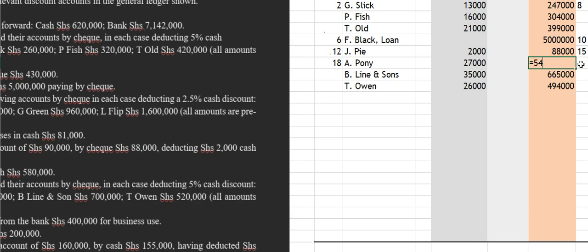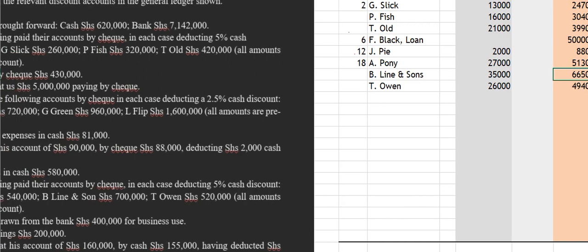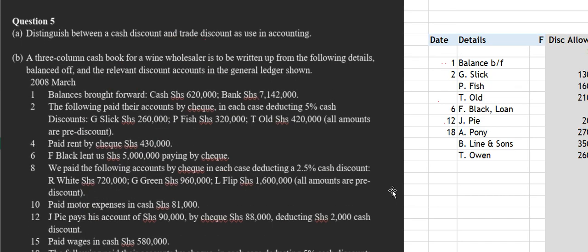So this will be 540,000 minus the discount of 27,000, giving us 513,000. So that's how much these customers are paying after considering the cash discounts that we offered to them.